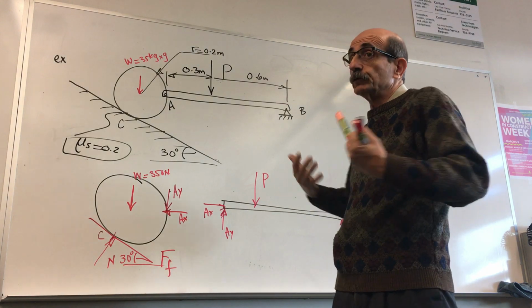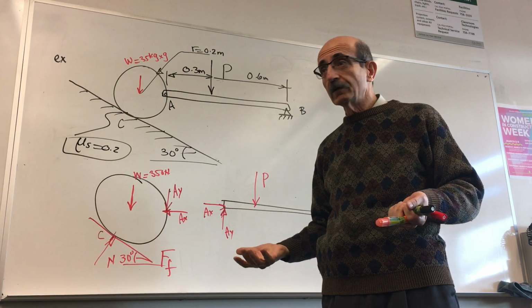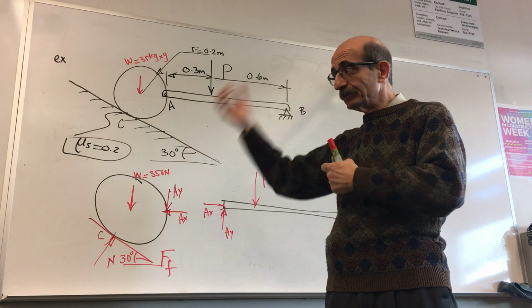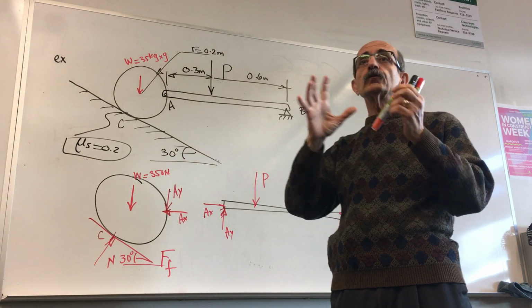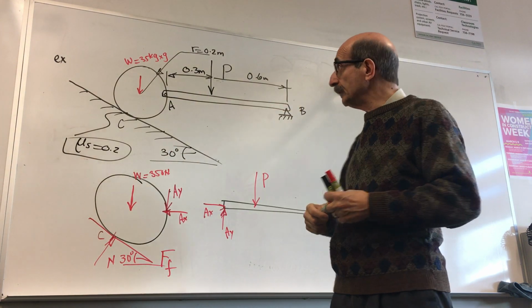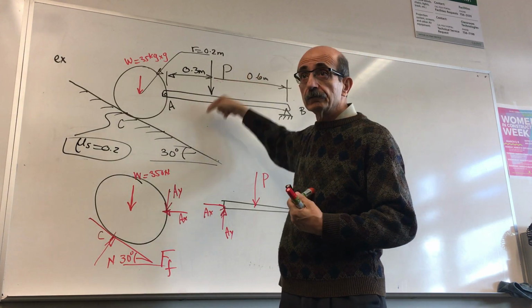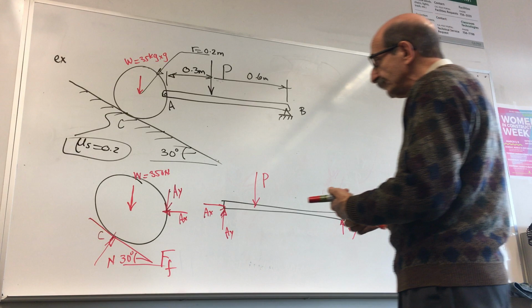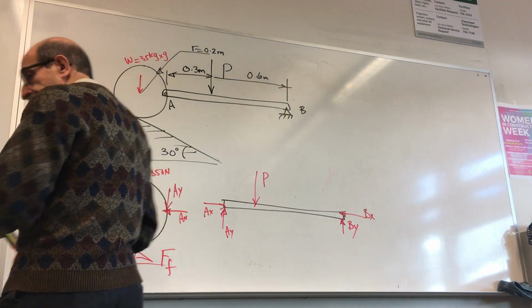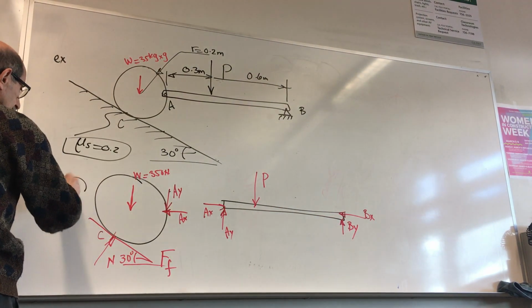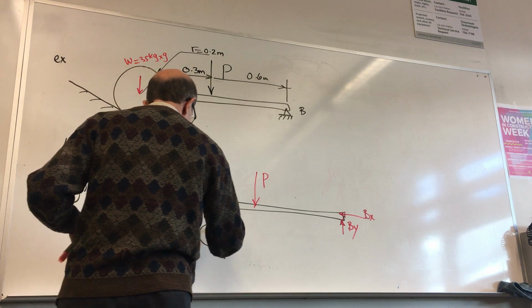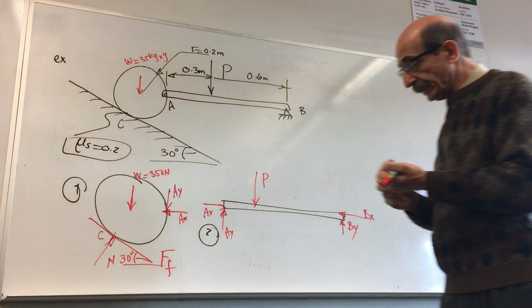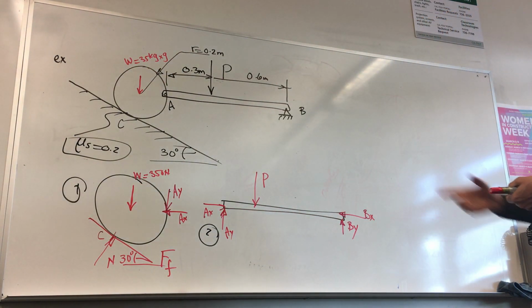You don't have to, though you're more than welcome to, but always listen to what the problem is asking, so only find those unknowns that you've been asked to find, which in this case is P. So I look at these two free body diagrams and say, okay, let's find the unknown P.